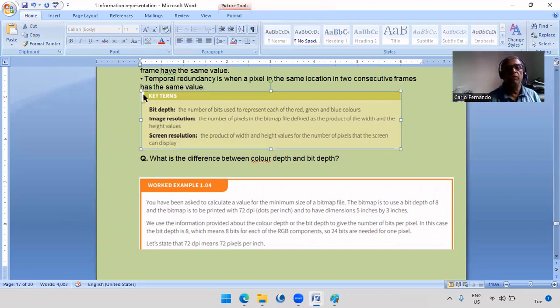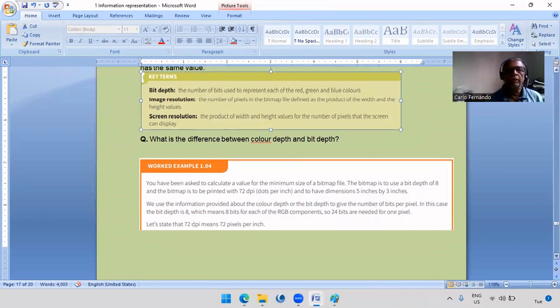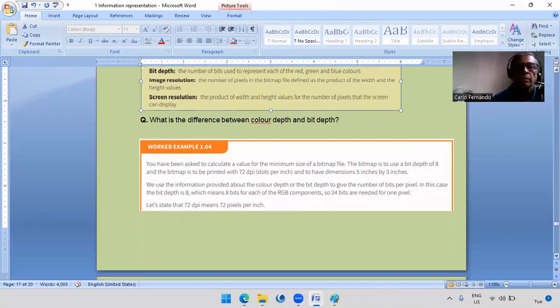To take this one, the resolution is the number of pixels this way and the number of pixels down, multiplied. But screen resolution is the full screen: how much can the full screen display? So image resolution and screen resolution are different.